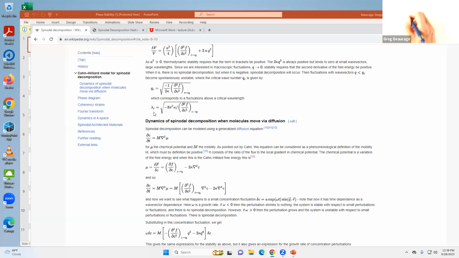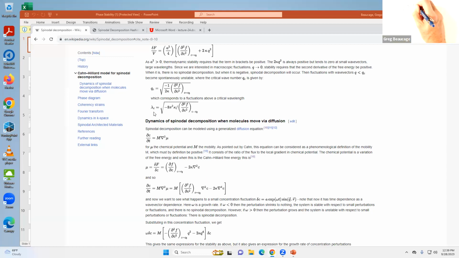In that wiki page you call it F_B, and then F_B depends on C. So you have some average concentration. C naught is the average concentration, and then you take that. That's going to be the free energy per volume, and you're going to integrate that over the volume, dV.